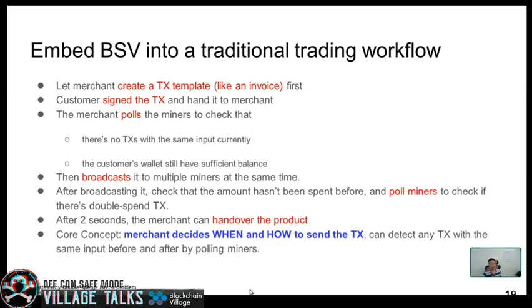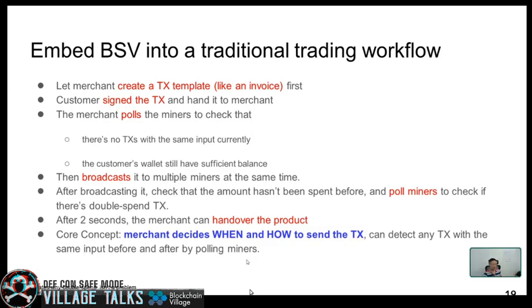So what's the core concept? The core concept of it is that the merchant decides when and how to send the transaction and detects any transaction with the same input, before and after he sent that transaction, according to the miners.